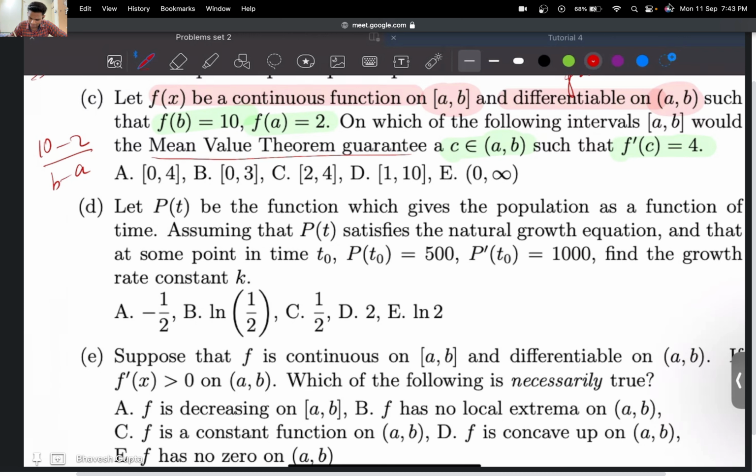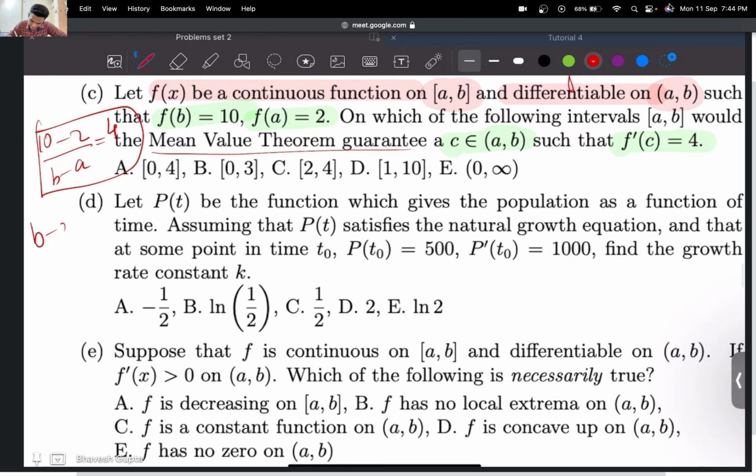We have to select p and a such that this whole ratio turns out to be 4, because that's the statement of the mean value theorem which we have discussed earlier. So you have to select a and b such that this calculation turns out to be true. We can check from here that p minus a turns out to be 4 divided by 8, which is half.